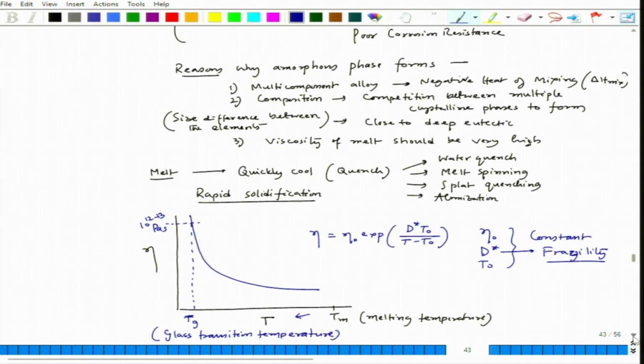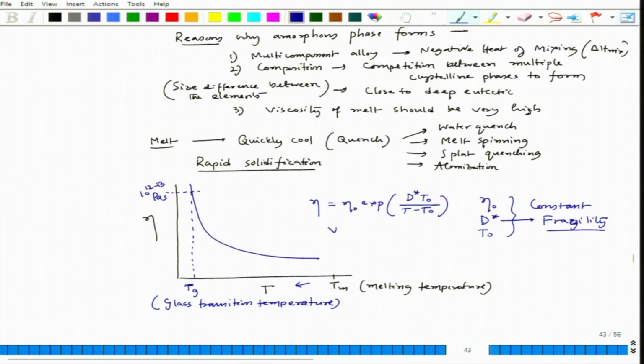Fine, and this particular equation we call the VFT equation, or Vogel-Fulcher-Tammann equation. Fine, that decides how the viscosity variation happens with the decrease in temperature.